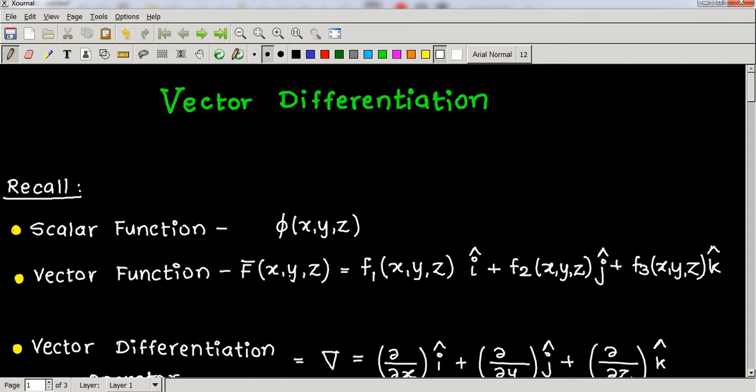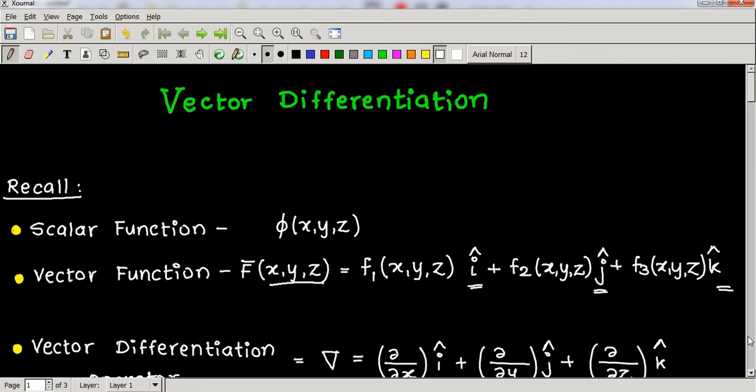Whereas a vector function is a function which not only depends upon the variable set x, y, z, but also depends upon the rules assigned with respect to the coordinate axes, x-axis, y-axis and z-axis.